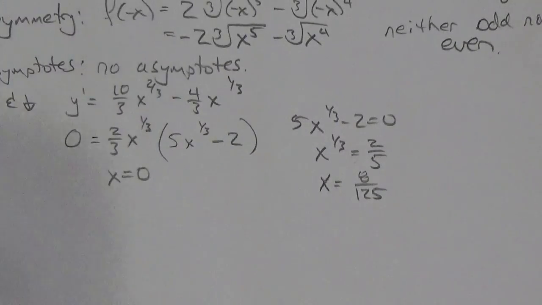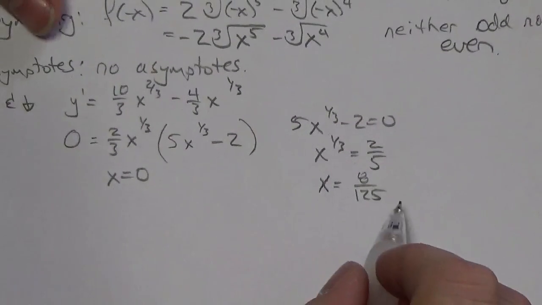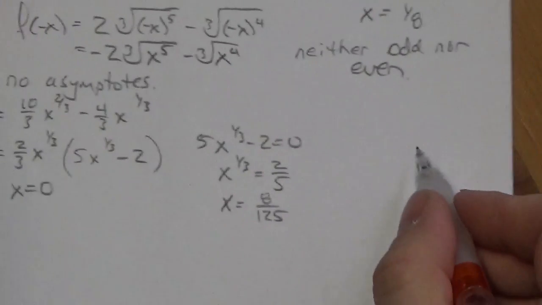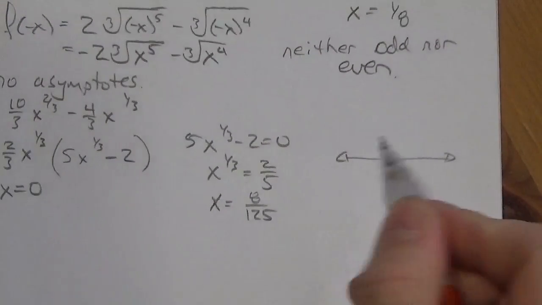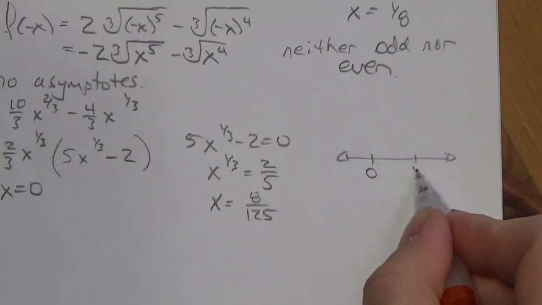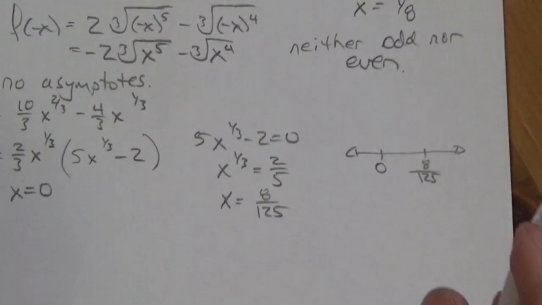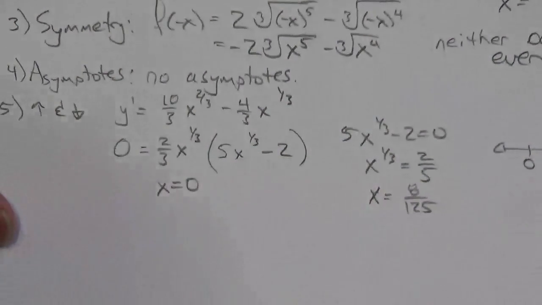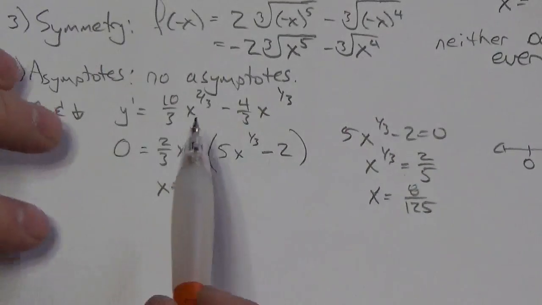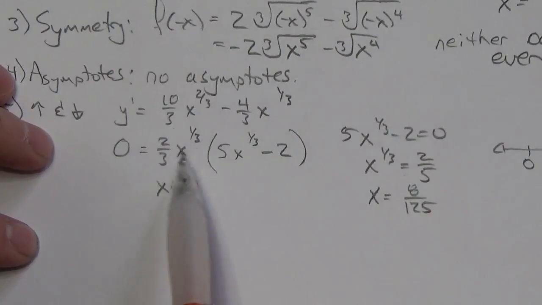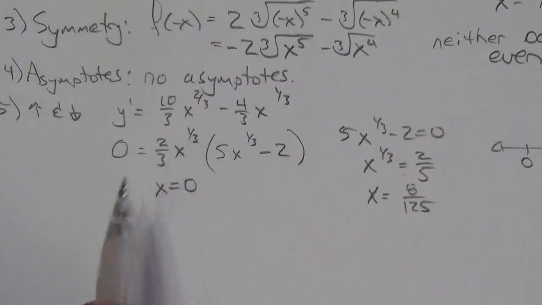All right. So what we've got here on our number line is 0 and 8/125. Let's take a quick look here. If we look at our derivative, if you plug in a negative value into this, you're going to get a negative value.